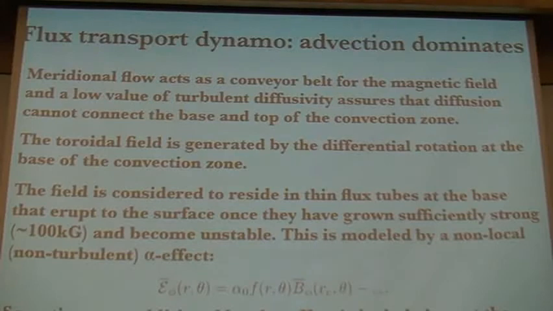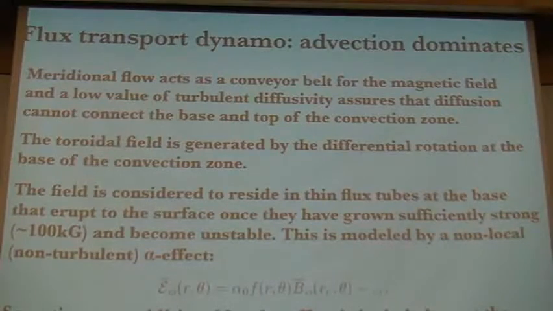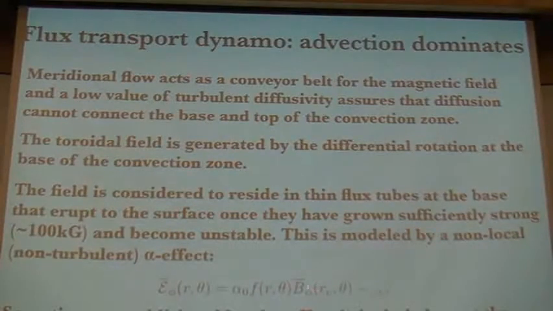This is then modeled in these flux transport dynamos by what we call a non-local alpha effect, which can be represented by an electromotive force where you have some magnitude for alpha, some profile, and then it usually acts on the surface. It deposits field on the surface of the star, but it's proportional to the magnetic field at the base of the convection zone.